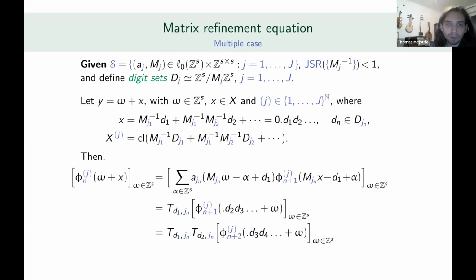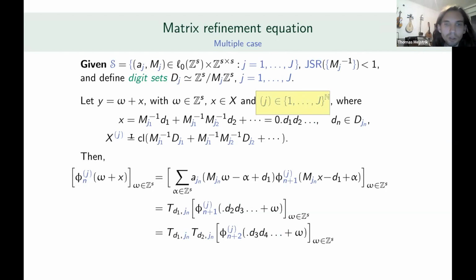What about the multiple case now? We just add a lot of indices. So we have a finite set of subdivision operators, masks, and dilation matrices. For each matrix, we need to choose some digit set. Additionally, we choose a subdivision scheme, so how we want to apply our subdivision operators.